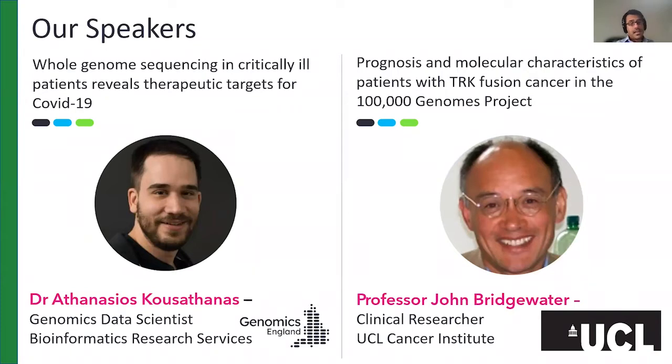Thanos is a statistical geneticist. He has a background in population genetics and in Bayesian statistics. He obtained his PhD from the University of Edinburgh, then did research postdocs in Lausanne, in Switzerland, and the Pasteur Institute in Paris. He's interested in developing statistical methodology to analyze whole genome sequencing data in the field of complex traits. So over to you, Thanos, if you're ready.